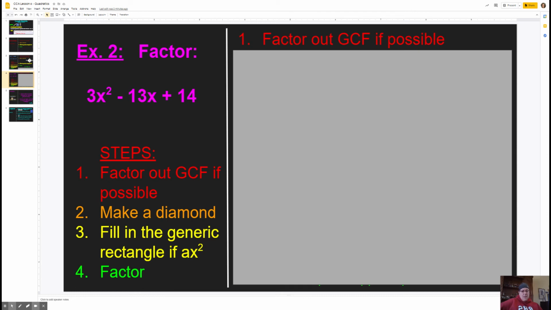Let's go with Emma, Ymir, Chloe, and Kenzie. One of you, please. Emma M. Is there anything we can factor out of 3, 13, and 14? Can we divide 13 and 14 by 3? Like if you do 13 divided by 3, does it give you a whole number?